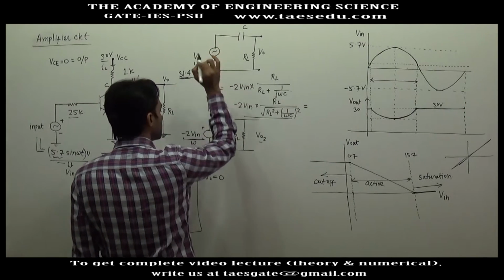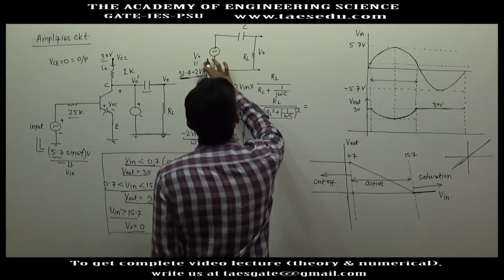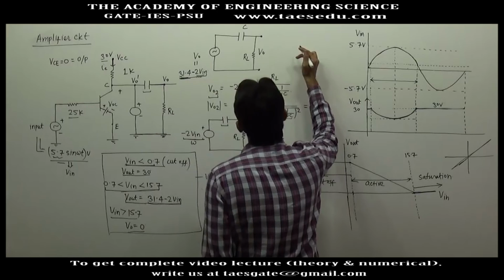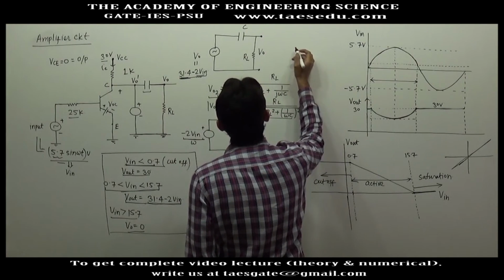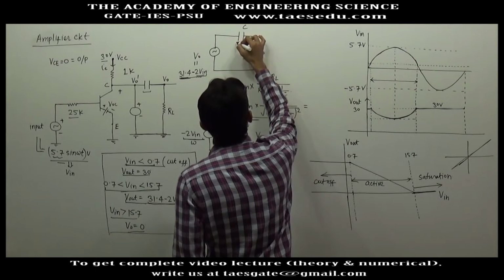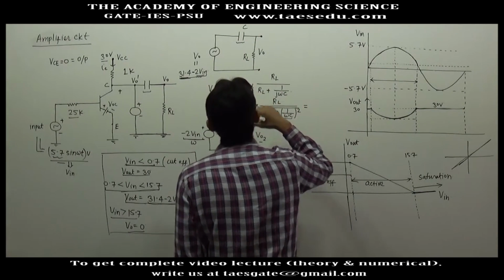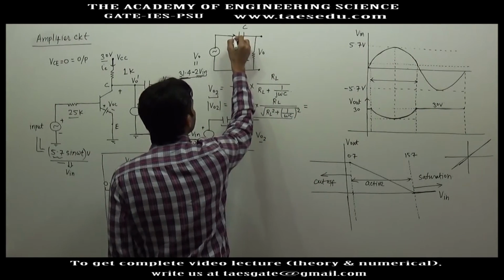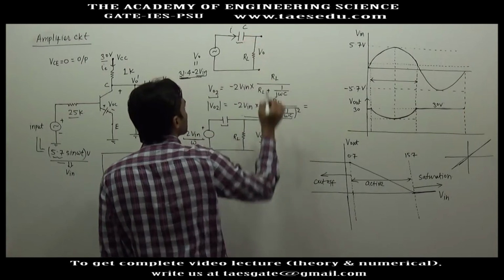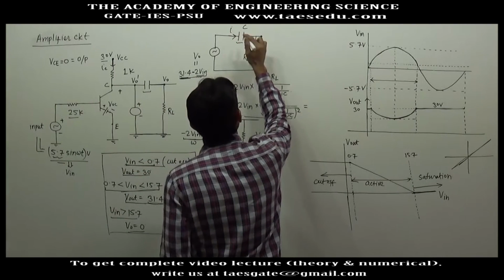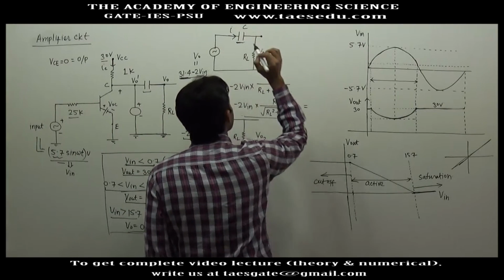Let's say this is an AC signal and you want most of this voltage to drop across the load, or you want the drop across the capacitor to be minimum. This is a series circuit, so the current will be the same for the capacitor and resistance. So if the impedance of the capacitor is low, there will be low voltage drop.